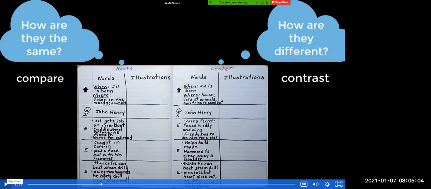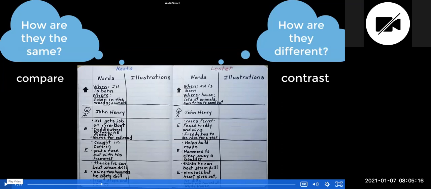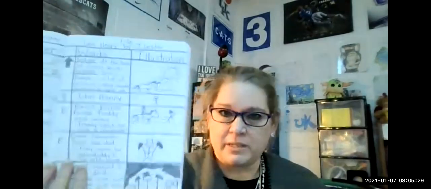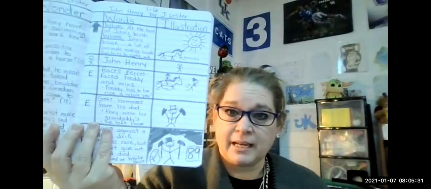Okay, so the two charts that we did are on page 87. We have one on page 87 that we did for the first John Henry story, and then page 89 that we did yesterday for the second story.